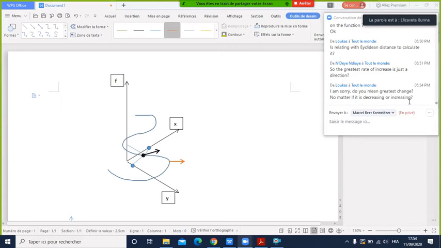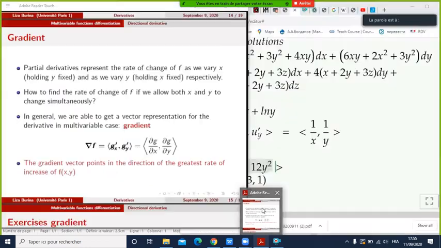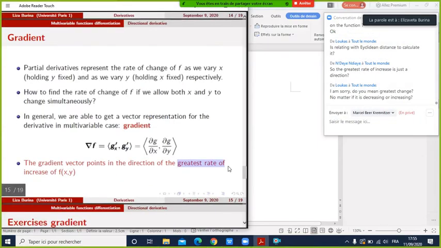Do you mean the greatest change, no matter if it is increasing or decreasing? No, I mean the greatest rate of increase. The greatest rate of increase.